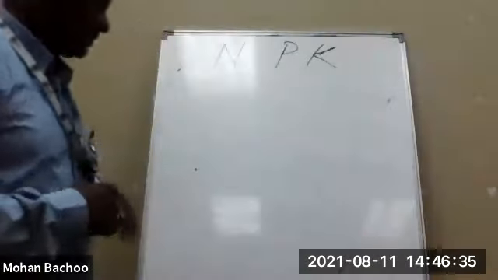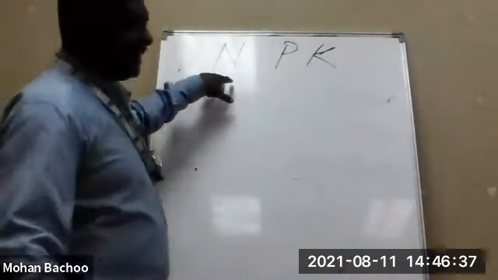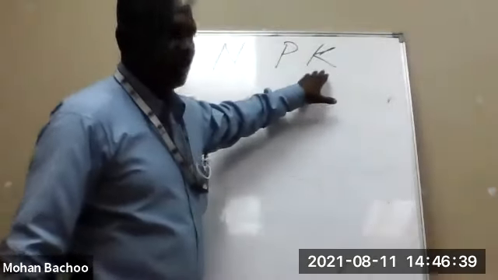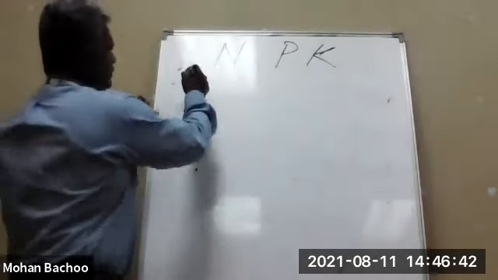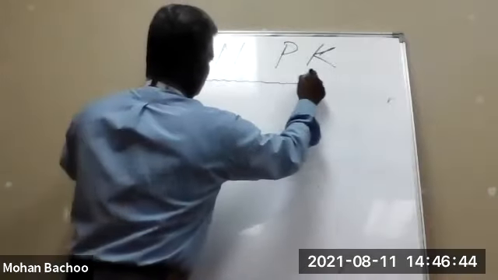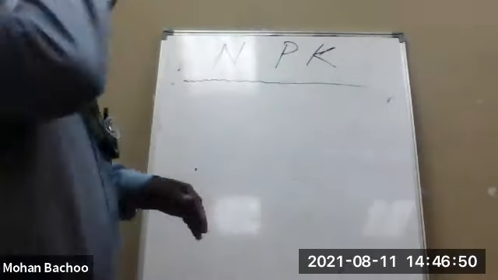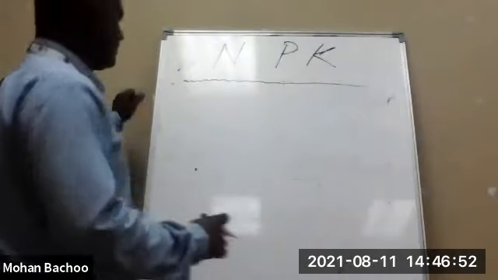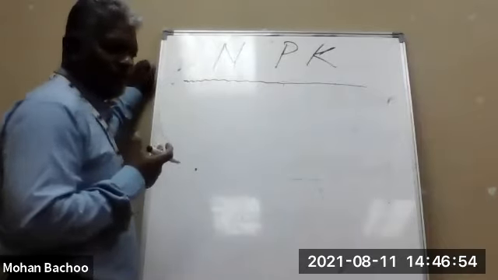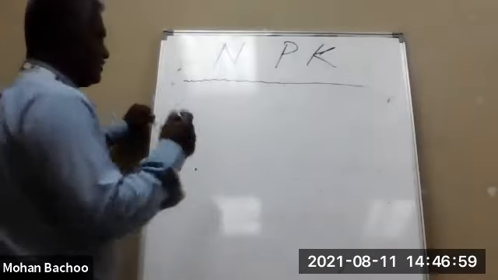So we have nitrogen, phosphorus, and potassium. This here now is the medium. That's the top of your medium, or the top of the soil, or the top of the growing medium. But how fast does it travel? How deep does it travel? That is what you have to take into consideration.